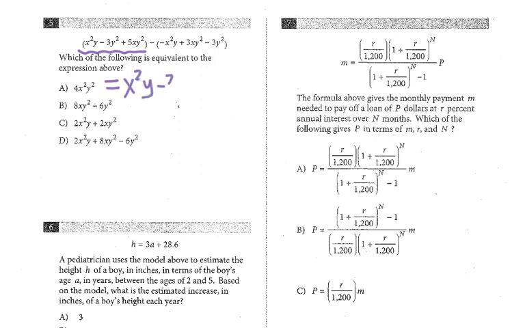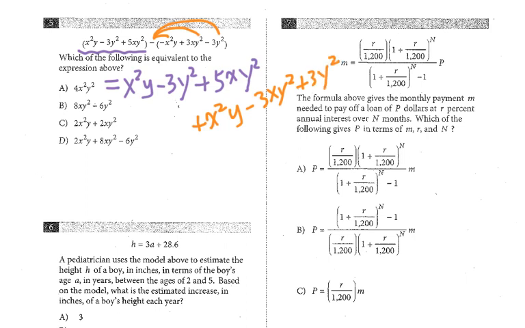So you got it like this. But for the second one, you need to change the signs. So you will get plus x squared y, then minus 3xy squared plus 3y squared.